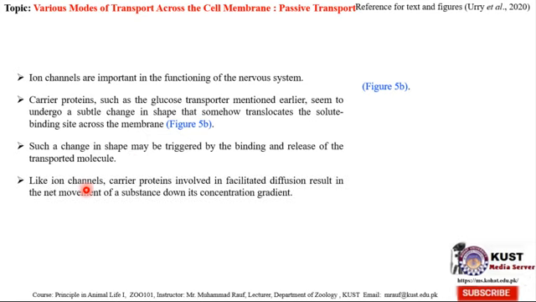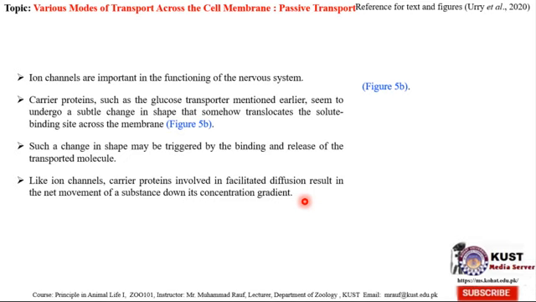Now, like ion channels, carrier proteins involved in facilitated diffusion result in the net movement of a substance down its concentration gradient. Remember, we are discussing facilitated diffusion, so there is no input of energy required. The energy for the movement of the molecules is provided by the bulk.